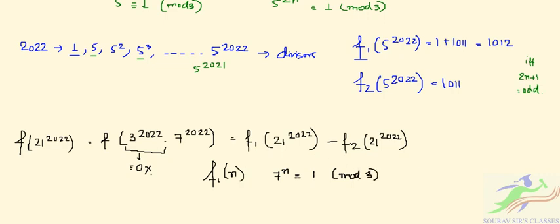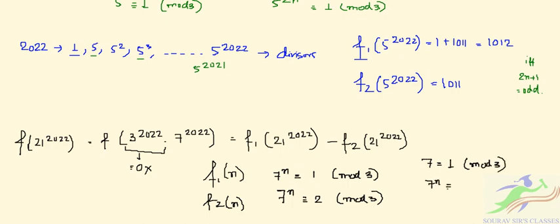There is 0 congruent mod 3, and so here f2 of n is 7 to the power n being 2 congruent mod 3, but we have 7 is 1 congruent mod 3, so 7 to the power n will be 1 congruent mod 3, right?